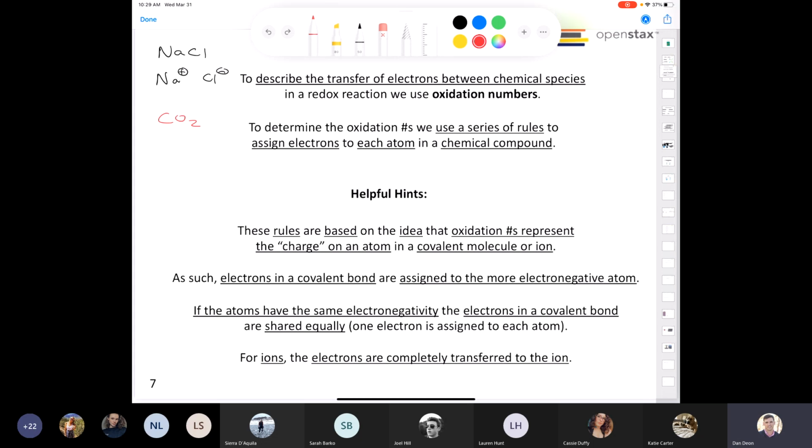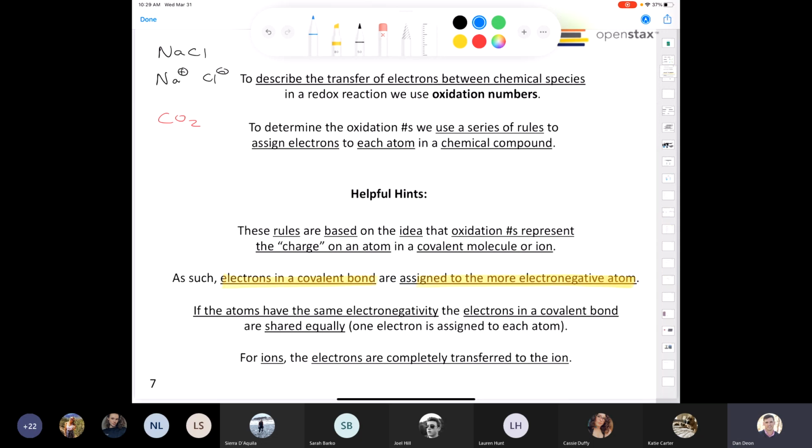In an ionic compound, it's a lot simpler because you're used to looking at ionic compounds that are comprised of a metal and a non-metal. When you look at a compound like carbon dioxide, it's not as abundantly clear, but this is what we base it off of: the electrons are going to be assigned to the more electronegative element.